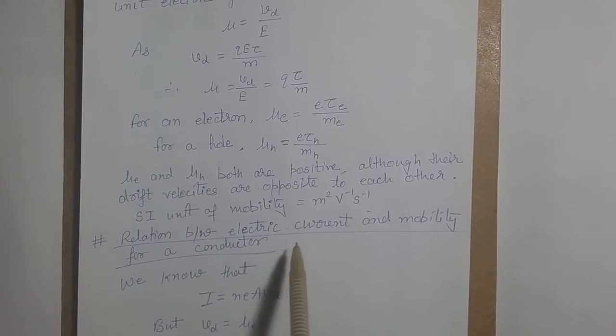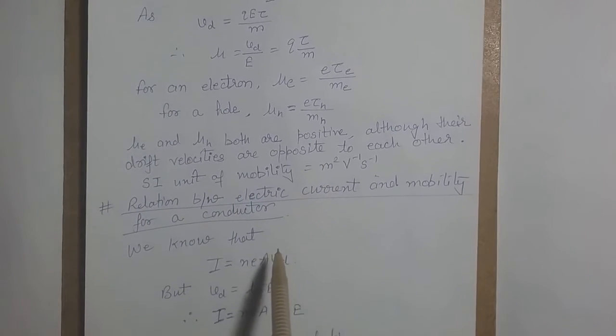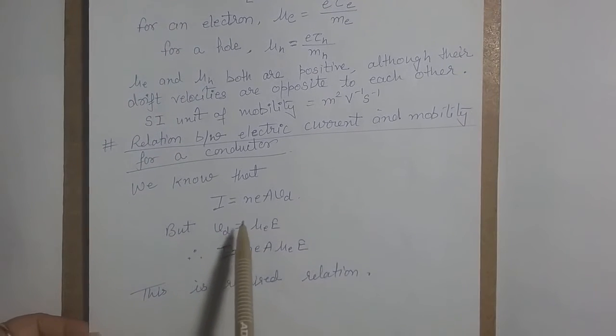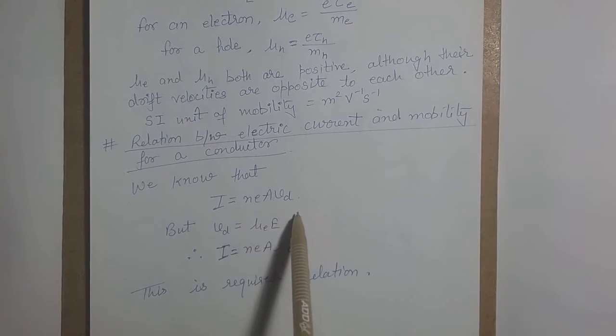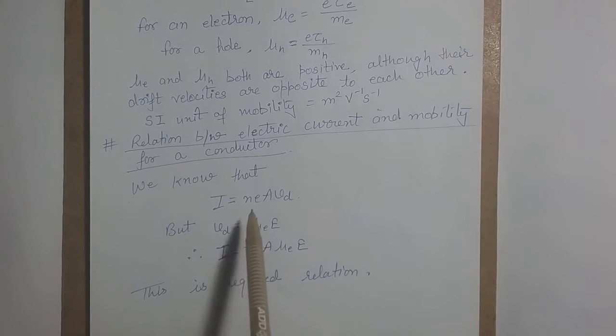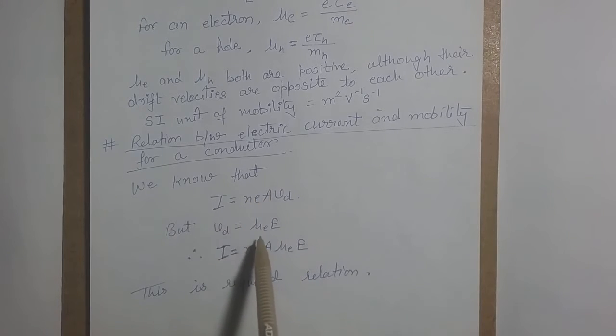What is the relation between the electric current and the mobility of a conductor? We know that the current in terms of the drift velocity is n e A Vd, but Vd is what? In terms of mobility, it is mobility times the electric field strength.